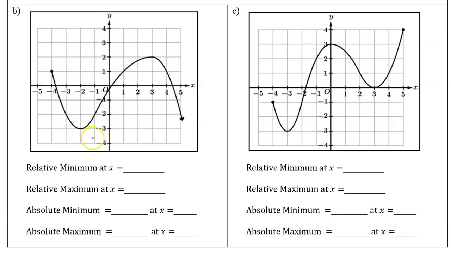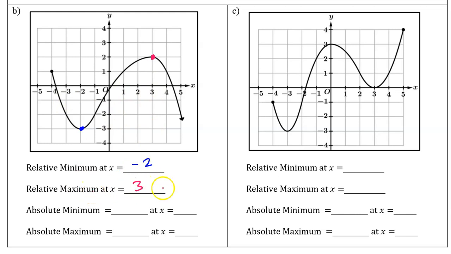All right, how about part B? Relative minimum. So I see that we have a relative min right here. So that's at x equals -2. Let's talk relative maxima. So obviously at the top of this hill, that's going to be 1. So we have a relative max at x equals 3.